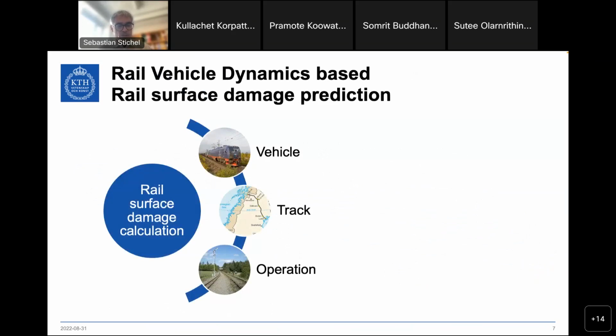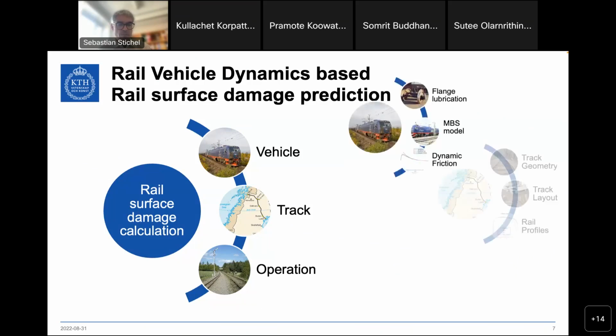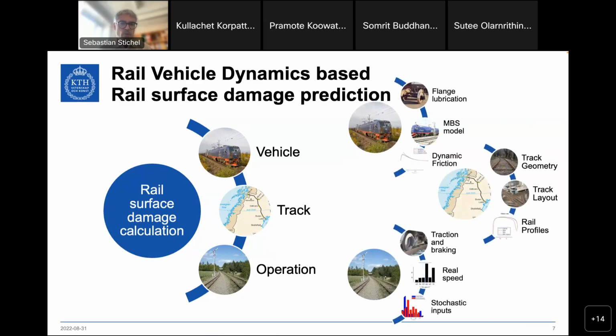For the model, firstly, you need the vehicle model. You need as much information about the track you're running on, and you need information about the operation. And what does that mean in more detail? Yeah, for the vehicle model, you need the parameters like masses, inertias, spring and damper characteristics. You need to know whether there's flange lubrication or not. You need to know something about the traction system.